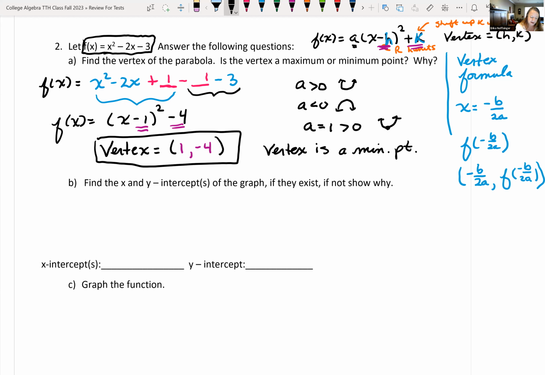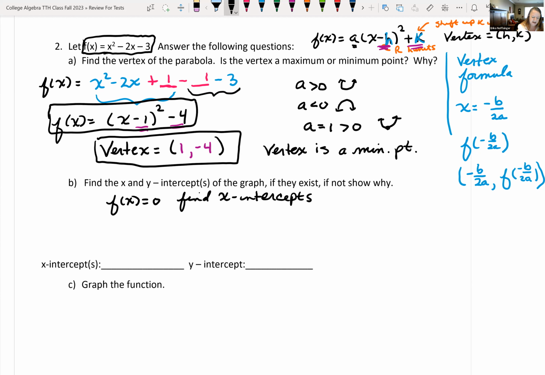So we're looking at when is f of x equal to 0 to find our x-intercepts. If that was not factorable, I would use the other method where I would use the equation we just found in that vertex form. And I would set that equal to 0 because I could use my square root method that we learned earlier in this class.